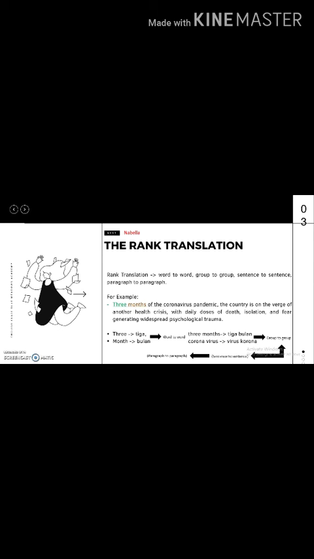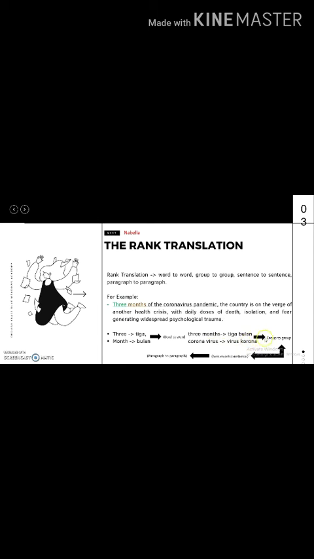For example, in this paragraph, it starts with the word three, it means tiga, and next the word months, it means bulan. Then after we translate word to word, we can translate group to group, like 3 months, it means 3 bulan, coronavirus, it means virus corona.